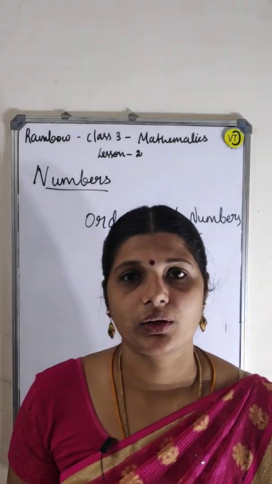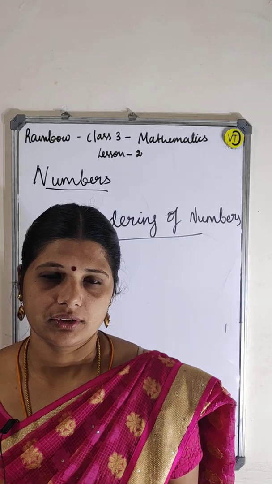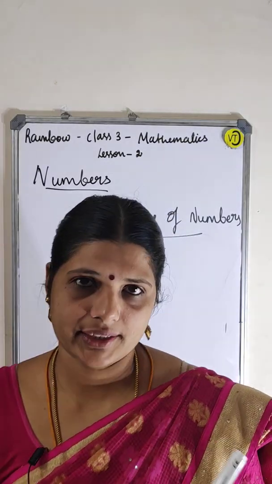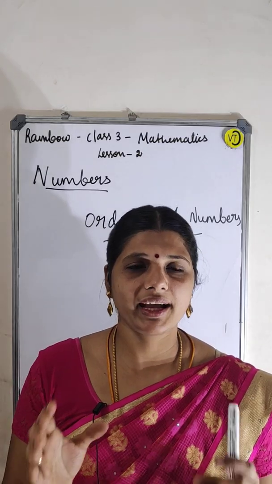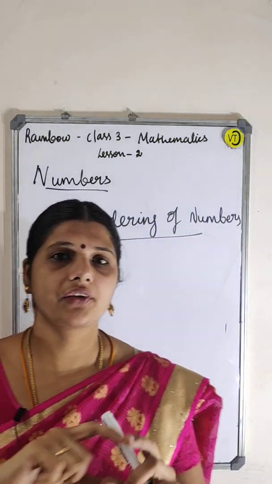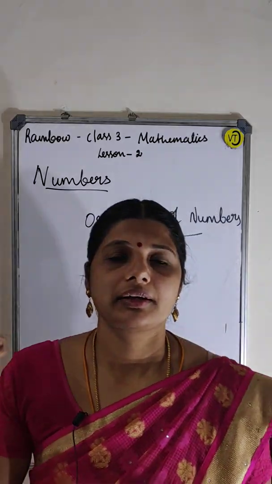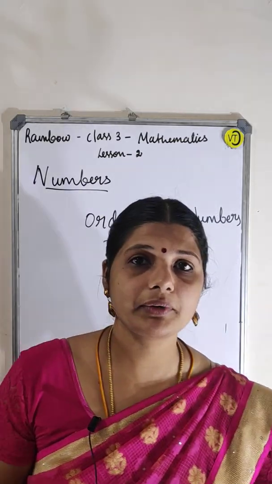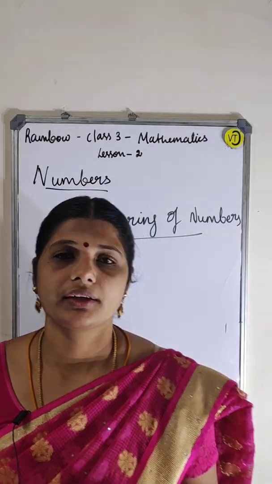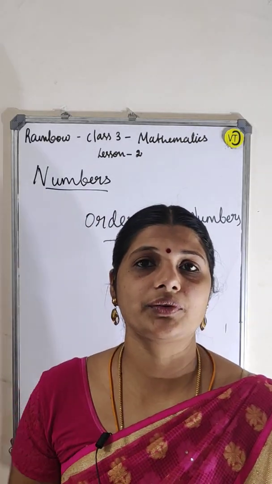The next one is ordering of numbers. Order in the sense of what? Ascending order and descending order. Okay, ascending order means what? You have to arrange the numbers from small numbers to big numbers. Descending order means what? You have to arrange the numbers from big number to smaller number. Okay, now we have to see this in 4 digits.